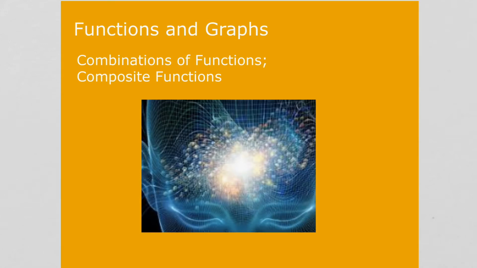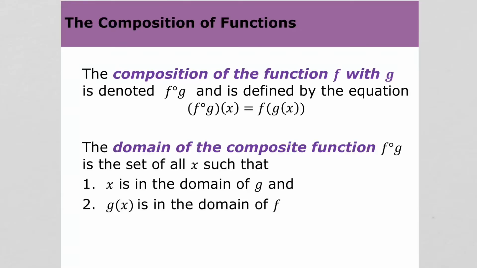Combination of functions, which are sometimes called composite functions. This little dot is not a multiplication symbol. It's an open dot, this little circle, okay? What it means is that we're composing the two functions together.